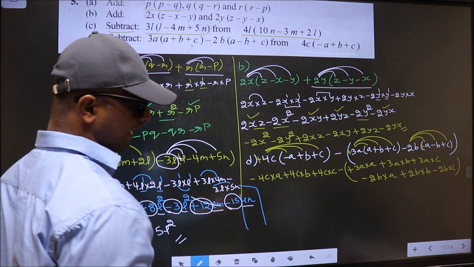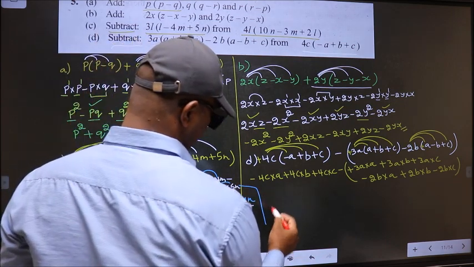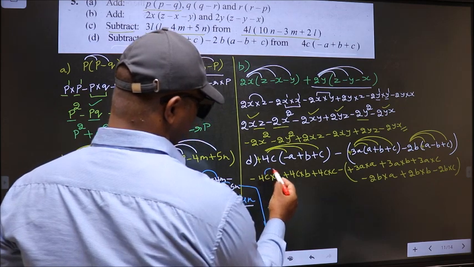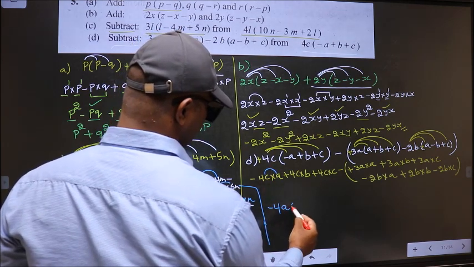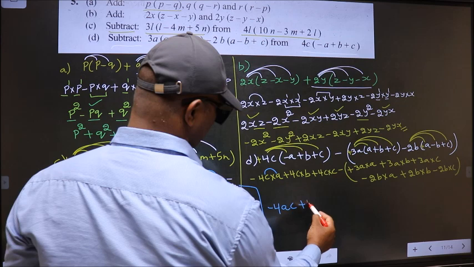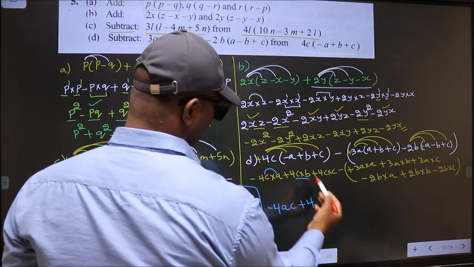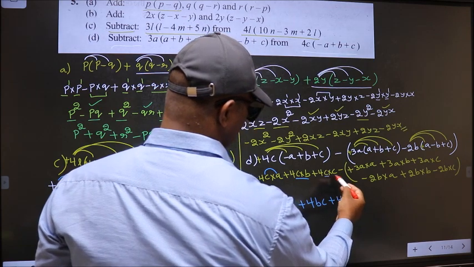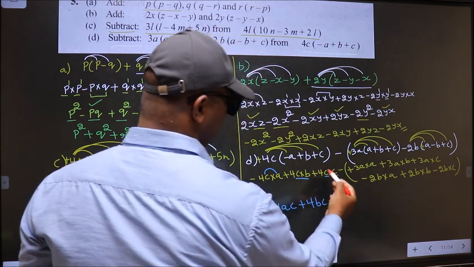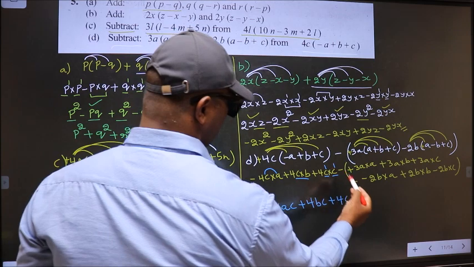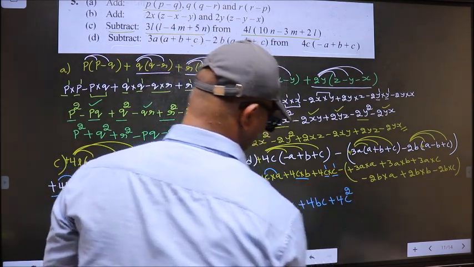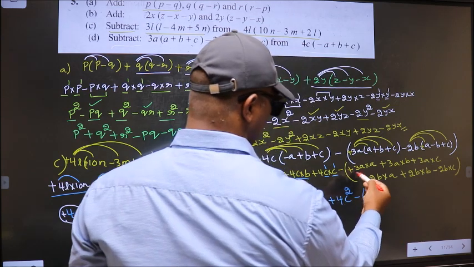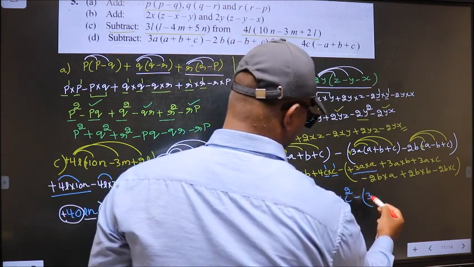Next. Now here it is minus 4, different letters, so you write as it is. Plus 4, different letters, so as it is you write. Plus 4C and the power is sum of the powers, so 1 plus 1, 2. Now minus here 3.